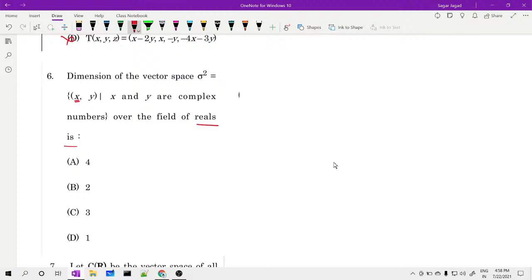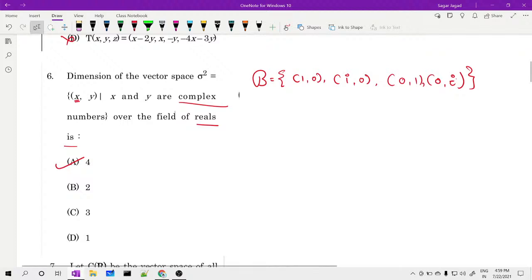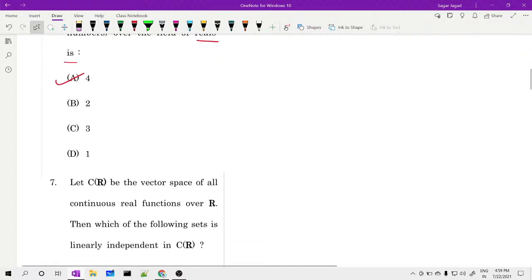What could be the basis? The basis will be (1, 0), (i, 0), (0, 1), and (0, i). So this is going to be the basis for the sigma square, and hence the dimension is 4. So always remember, they always try to play with you in the sense of complex and real. So it's easy. I think option A is correct.